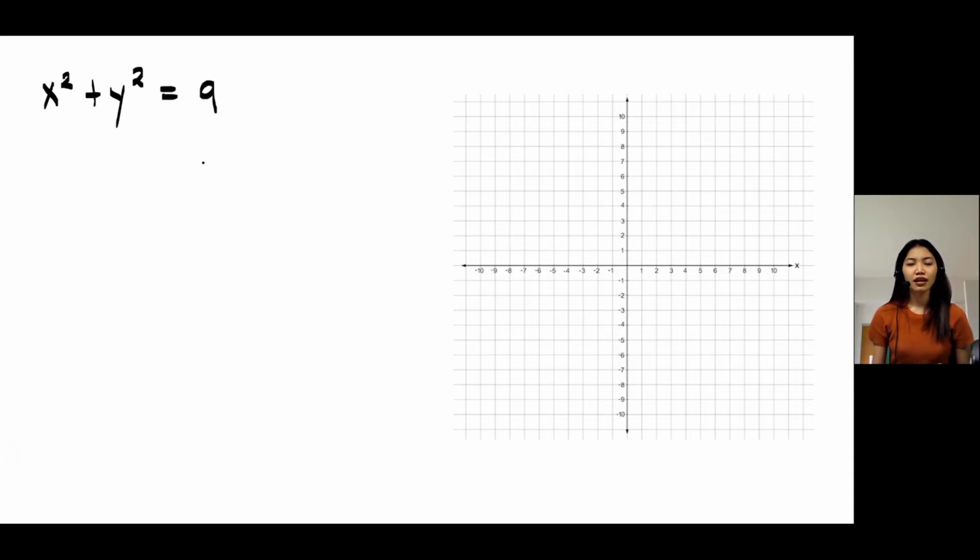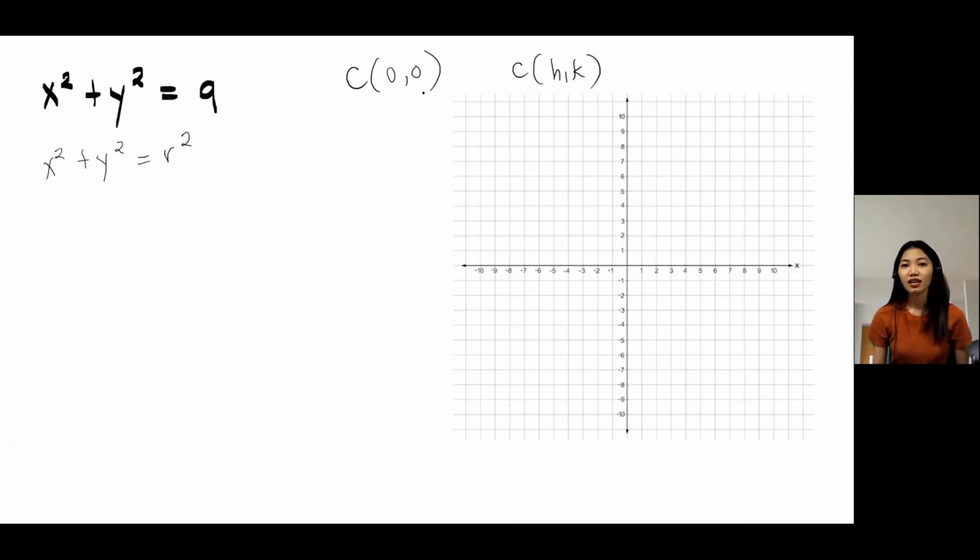Again, in circle, we have two cases. First is the center has coordinates of 0, 0 or on the origin, and the second is the center has coordinates of h and k. So if the center has coordinates of 0, 0, the standard equation of the circle is x squared plus y squared is equal to r squared.